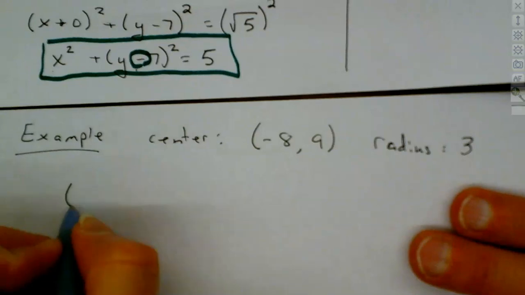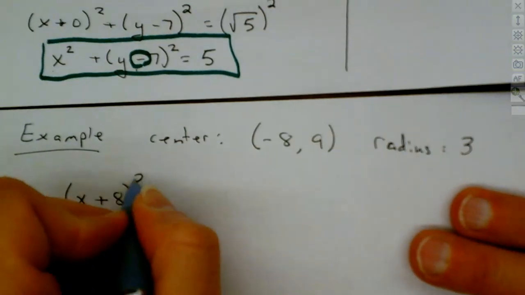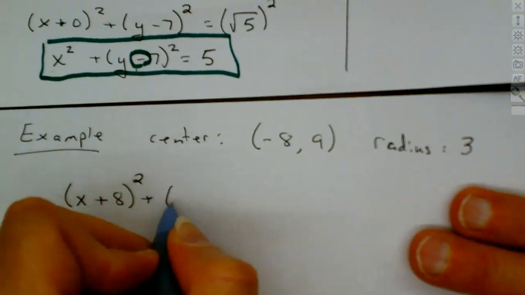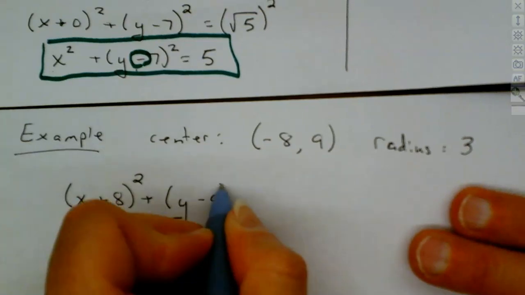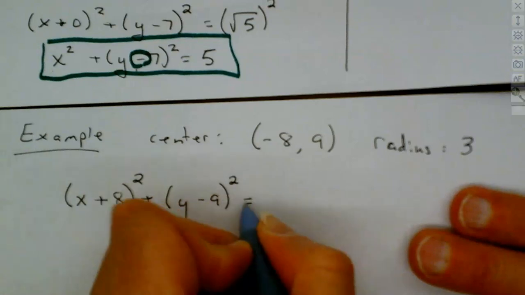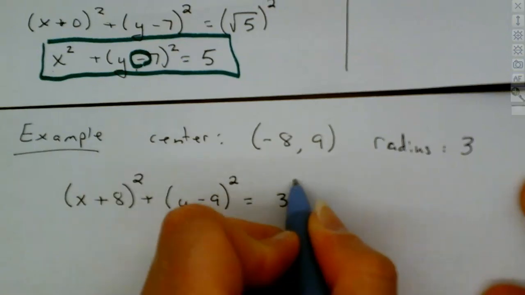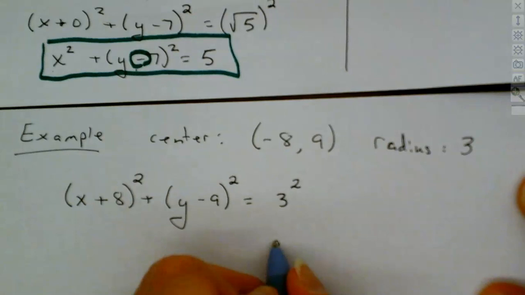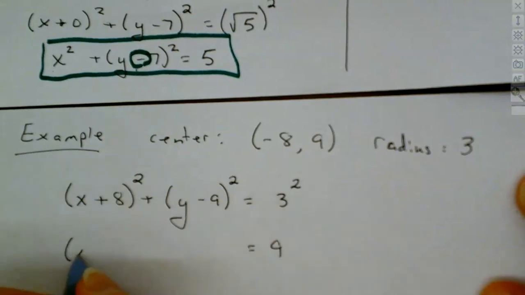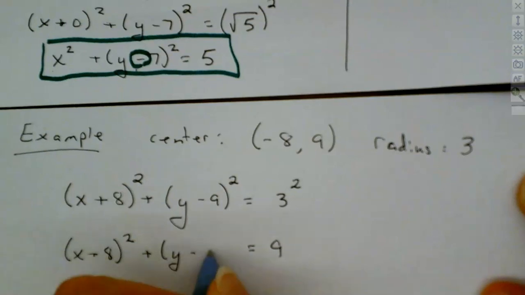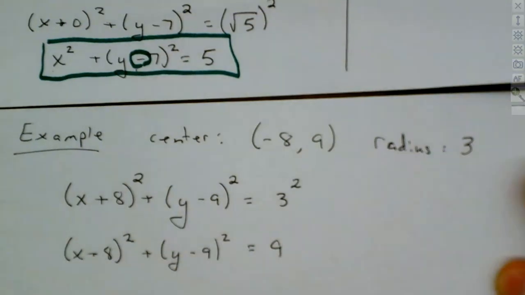Okay, so that negative 8 becomes a positive 8, and that positive 9 becomes a negative 9, and it's not going to be 3, it's going to be 3 what? Squared, which is then 9. So this would be the answer for this one. That would be the answer for that one. Is everyone okay with that now?